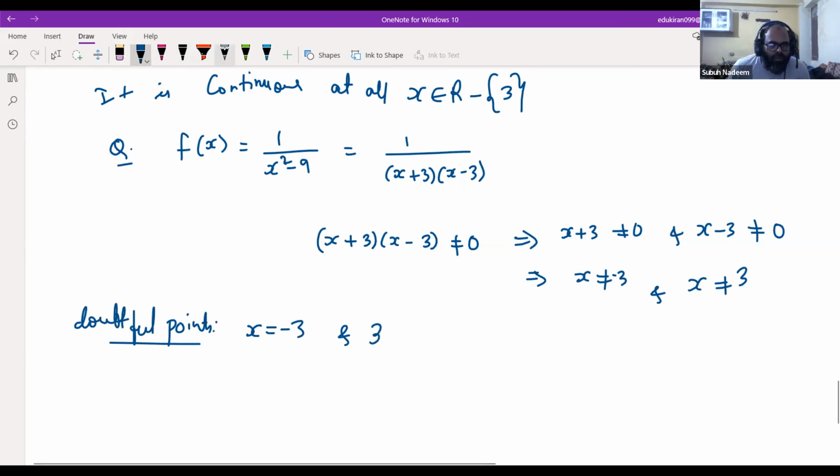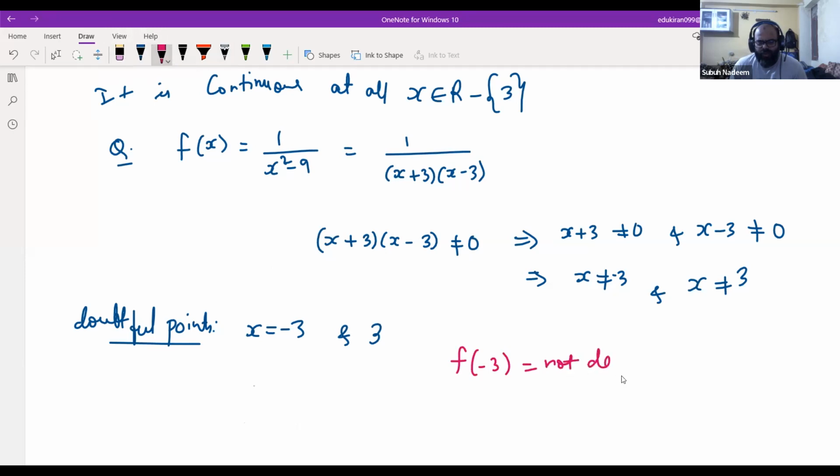Now if you take the limit x approaching minus, no, here you can do it directly. No need to write all the steps. You can just see, if you take minus 3, then at minus 3 it is not defined.